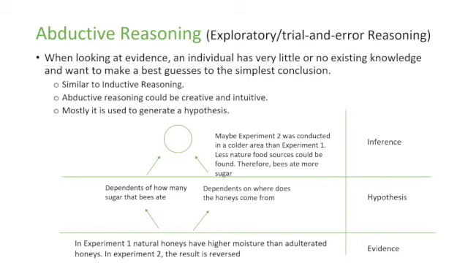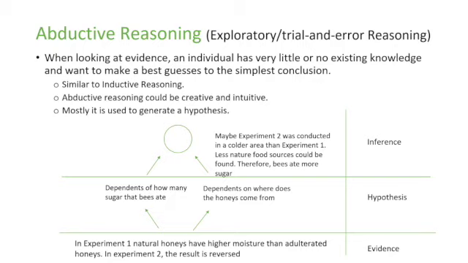Now, as for abductive reasoning, it is also called exploratory or trial and error reasoning. In the module 2.2, when we compare the actual data from the two research, we found that in experiment 1, natural honey have higher moist than adulterated honey.